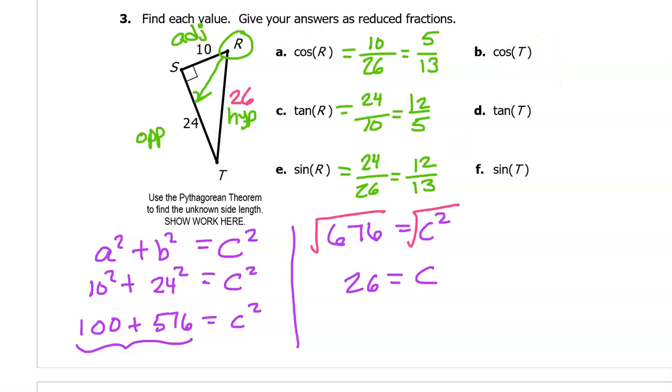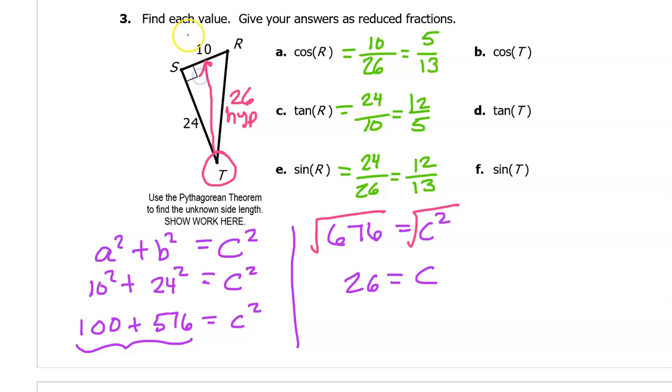How about angle T? So let's start over. This 26 is still the hypotenuse, guys. It is across from the 90-degree angle. Now that we are focusing on angle T, let's circle angle T and draw an arrow going away from it.